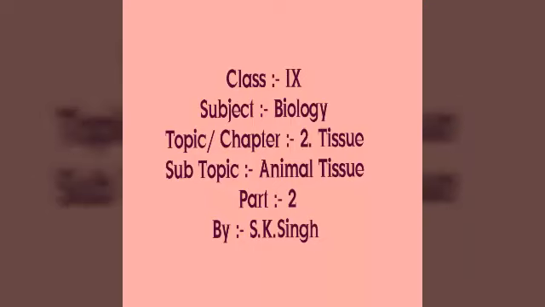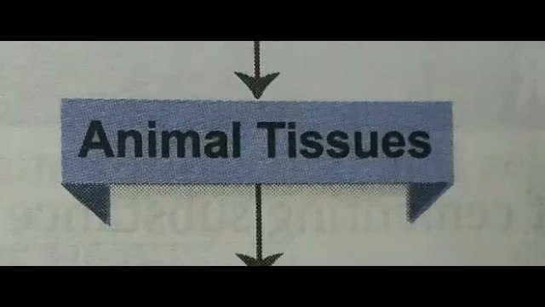Yesterday you learned about the topic plant tissue, and today we will discuss animal tissue. Animal tissues are similar to plant tissues, but very different, because in plant tissue you learned about apical meristematic tissue, lateral meristematic tissue, intercalary meristematic tissue, and simple and permanent tissue.